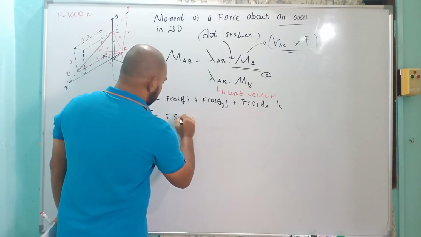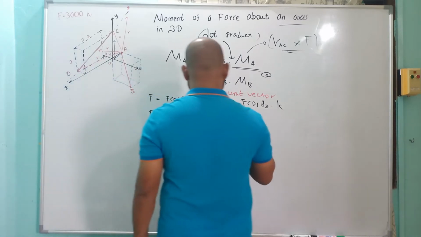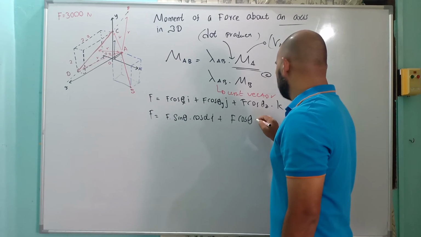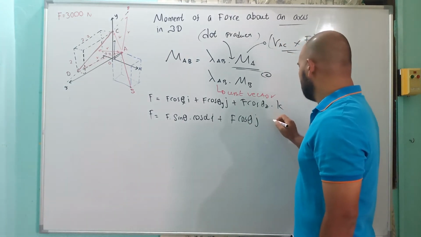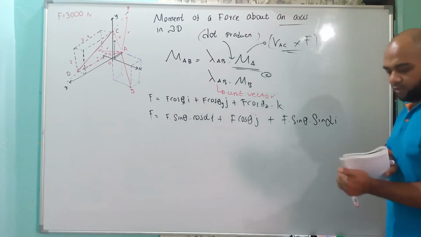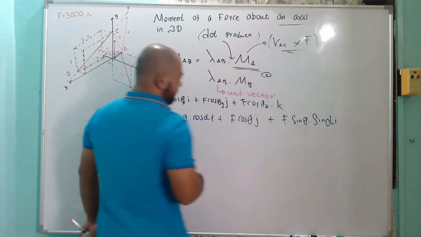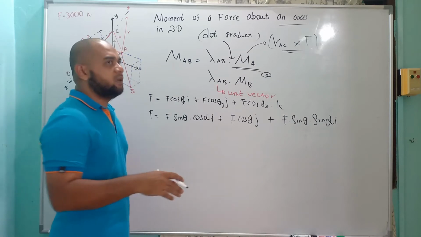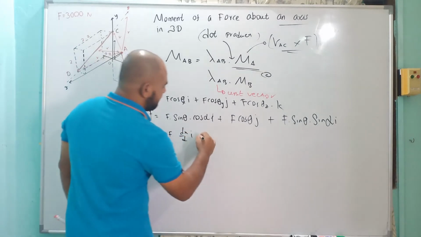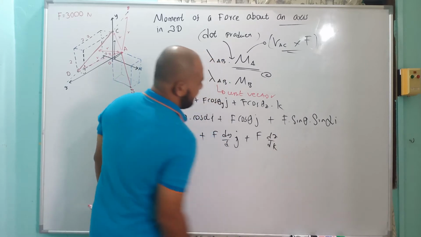We can have F sine theta cos alpha i plus F cos theta j plus F sine theta sine alpha k. Okay, and in terms of the coordinate method, F equal to F dx divided by d i plus F dy divided by d j plus F dz divided by d k.